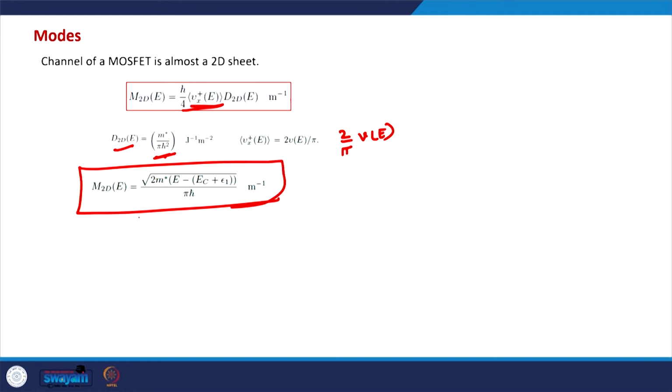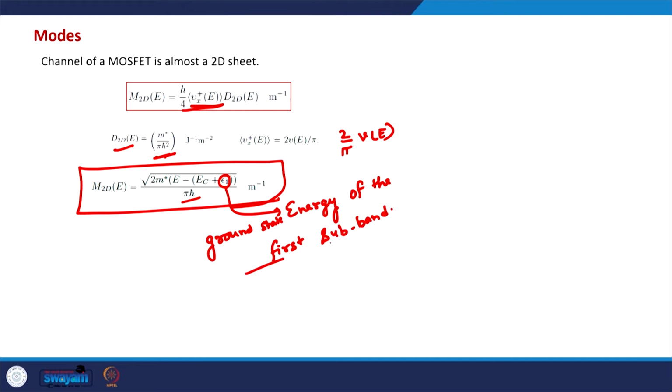So, the modes in a 2D channel is square root of 2 m star (E minus EC plus epsilon 1) divided by pi h bar, where epsilon 1 is the ground state energy of the first subband. Actually, a 2D material is practically a quasi 3D material, because there is a finite thickness of the material.